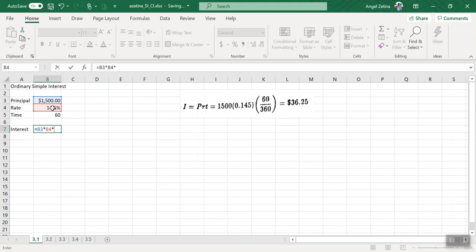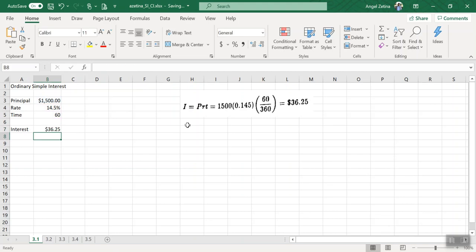We can now enter open parenthesis, the 60, and then we divide by the time for ordinary simple interest, which is 360. Okay. We close the parenthesis, so we're entering as is, and that gives us 36 with 25 cents.